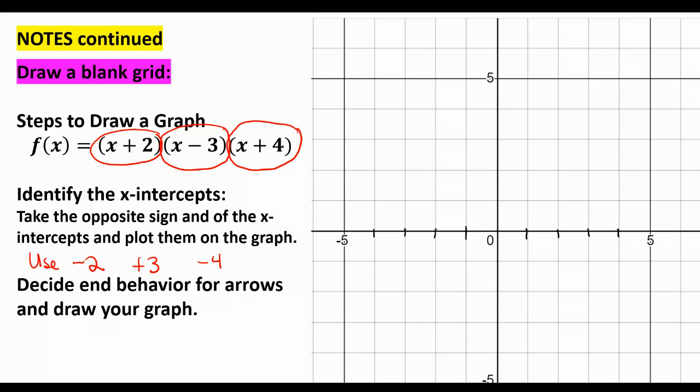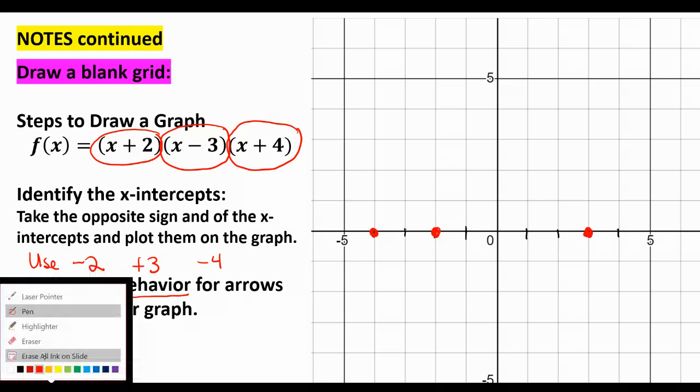So let's plot those. We need one at -2, +3, and -4. Now we have to decide what does this graph look like. And we need end behavior for your arrows. Does this go up or down? Well, this graph, let me just do a little bit of erasing.